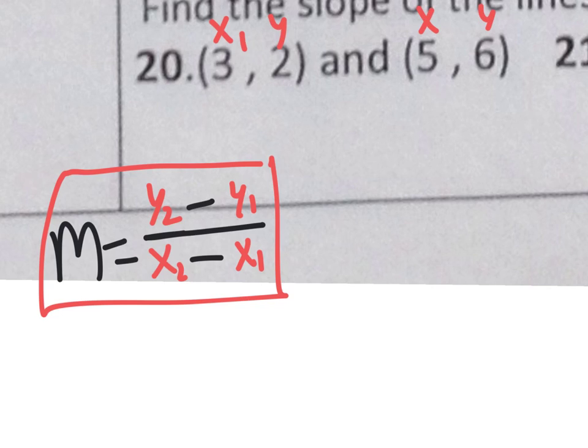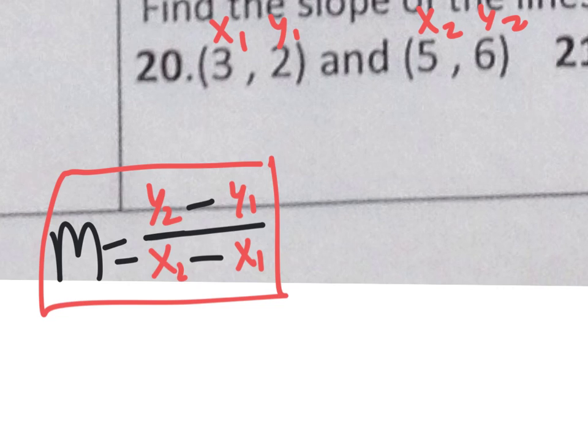Your first point is the one on the left, so you put 1, 1, and you put a 2, 2 right there. That way you know, if I say look at x2, you know I'm talking about the 5. If I say look at x1, you know I'm talking about the 3. Because if we didn't label them x1, x2, if I say look at x, you don't know which one I'm talking about, the 3 or the 5. So it's important that we label the first point our first coordinate and the second point our second coordinate.